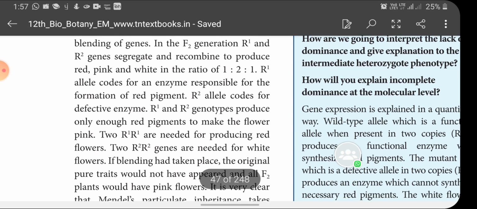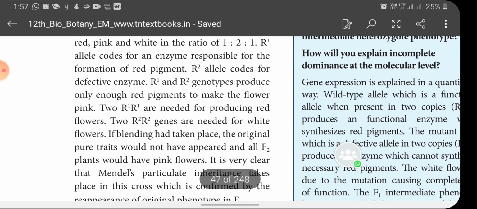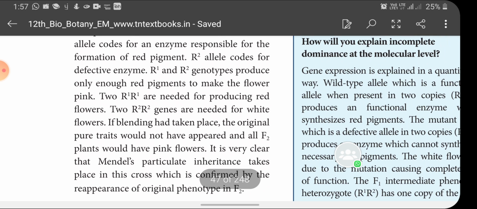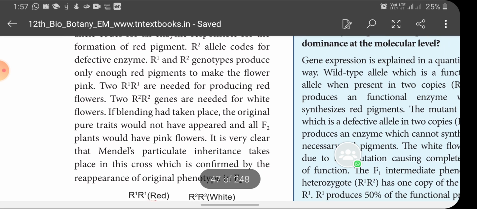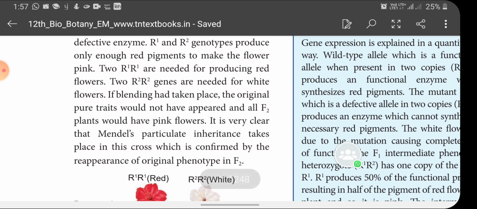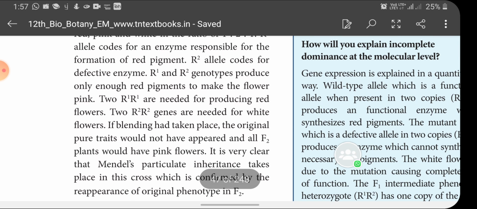If blending had taken place, the original pure traits would not have appeared and all the F2 plants would have pink flowers. It is very clear that Mendel's particulate inheritance takes place in this cross, which is confirmed by the reappearance of the original phenotypes in the F2.